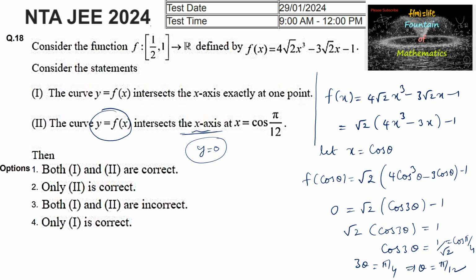So at θ = π/12 we are getting y = 0, meaning the graph cuts the x-axis at the point (cos(π/12), 0). So at x = cos(π/12), the graph cuts the x-axis.